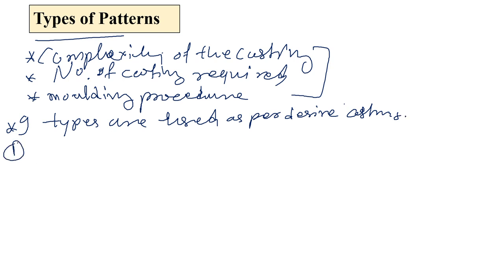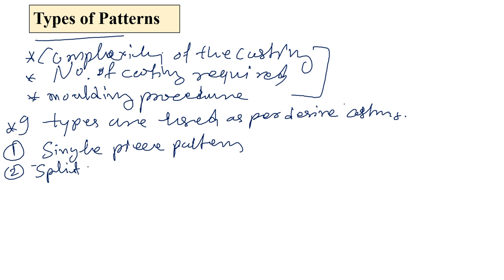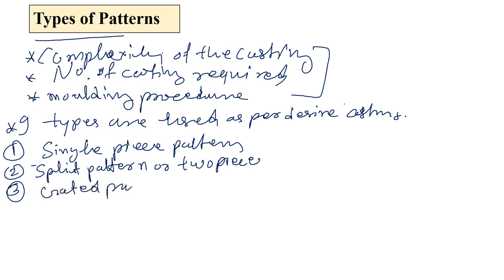So the first type of pattern is the single piece pattern. The second type of pattern is the split pattern. We can say this is the two-piece pattern. Third is the gated pattern. Fourth is the cope and drag pattern.